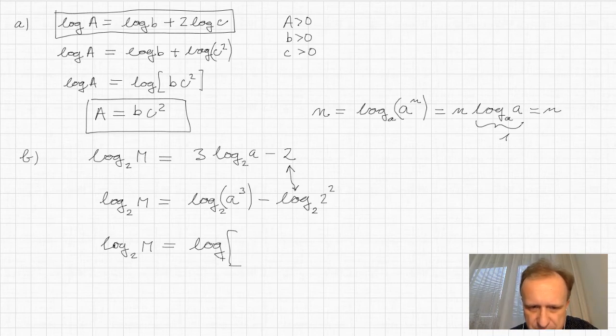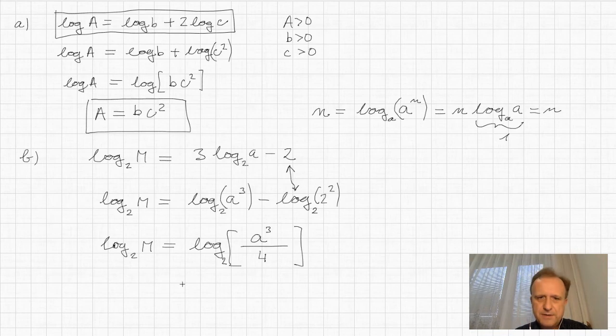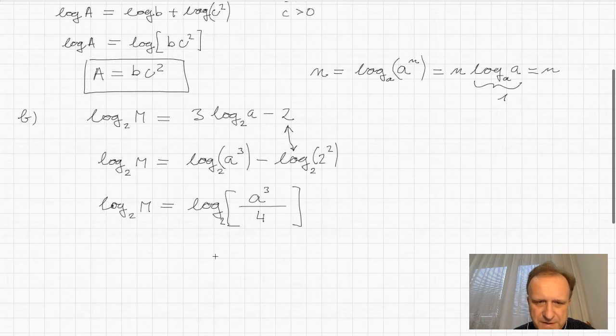It's the logarithm in base 2 again, and the fraction will have the numerator a to the power of 3 over 2 to the power of 2. But what is 2 to the power of 2? I could have used a pair of brackets here. 2 to the power of 2 is just 4. Okay, so this is the final form for the right hand side.